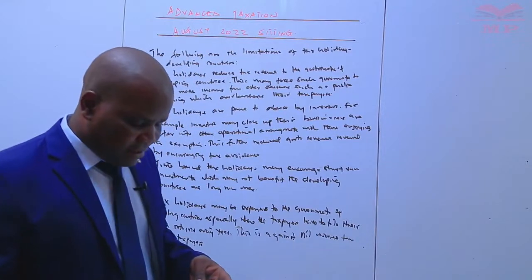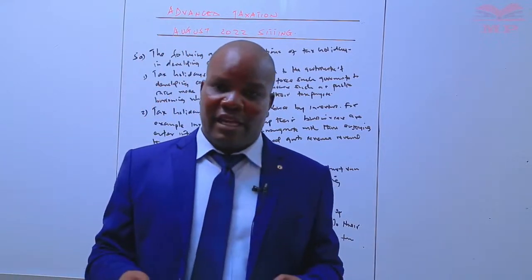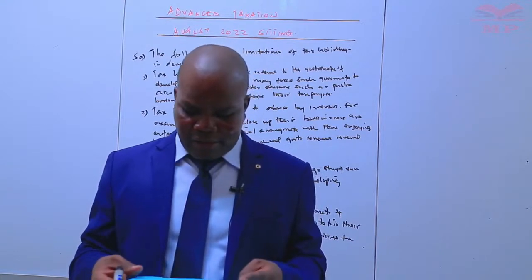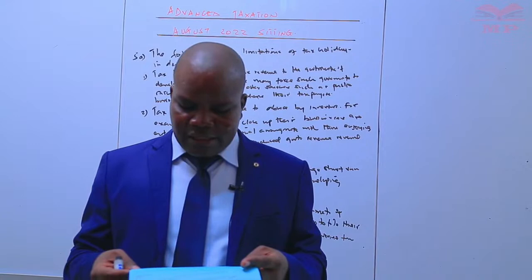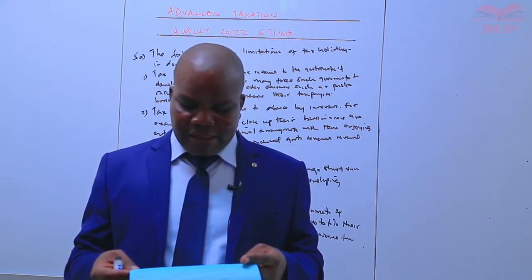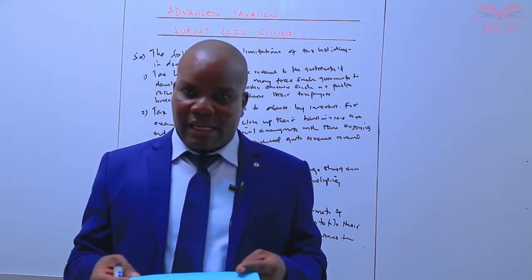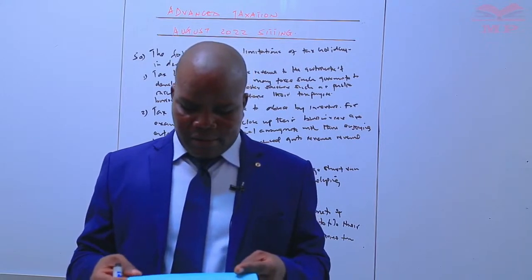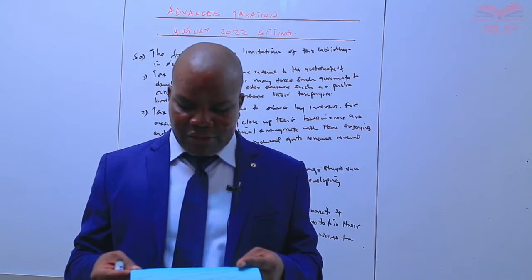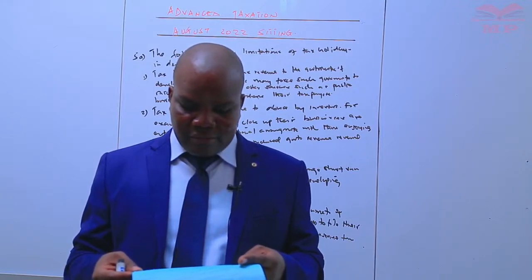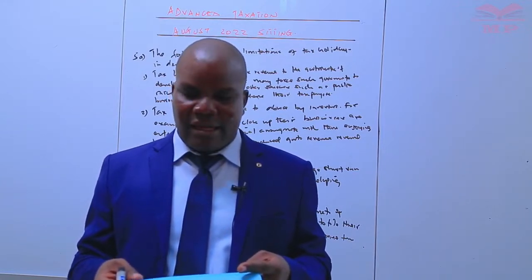So again, being a theory question, one should have an introductory statement. So you can say, for example, the following factors might have led to the achievement of tax collection targets by the Revenue Authority in Kenya in the recent months.